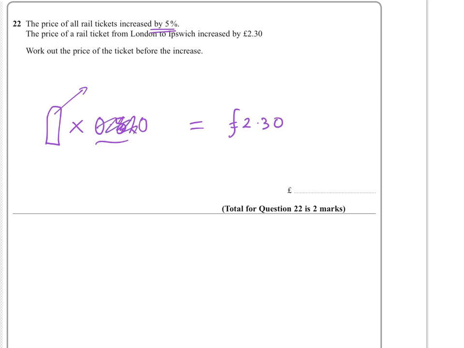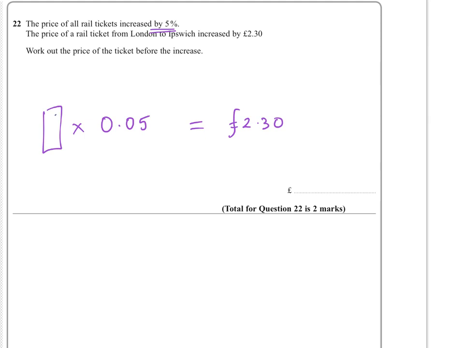So if I was to times it by 0.09, what percentage increase do you think that would be? Well, it would be a 9% increase. So we need to times it by 0.05, and that would be a 5% increase.